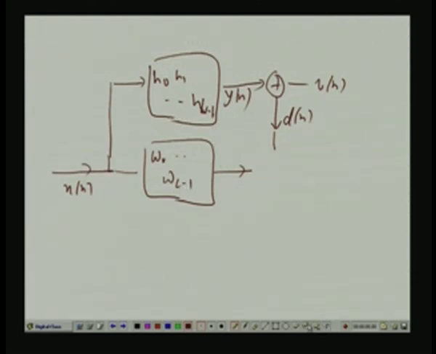Maybe instead of L minus 1, make it L. That is, if you consider this space spanned by these fellows, what is the best filter? What is the optimal filter here? The one that gives the orthogonal projection of Dn on the space spanned by them. What is Dn? Yn plus Vn.